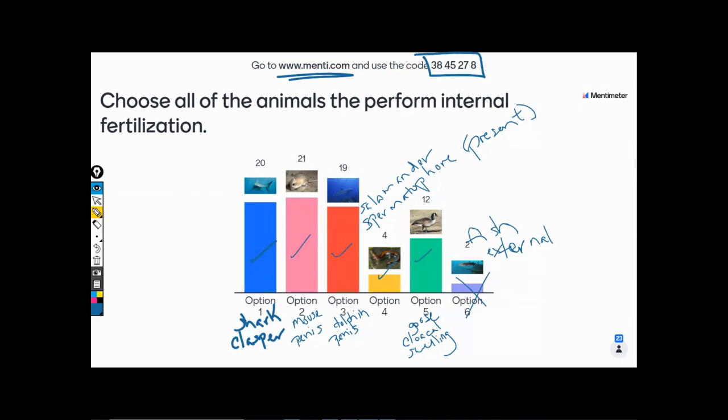Does everybody see how we worked through this? This is certainly helpful for our sharks, but it makes a good review to think about this term again. And we'll be reinforcing this, of course, as we go through all of these classes.